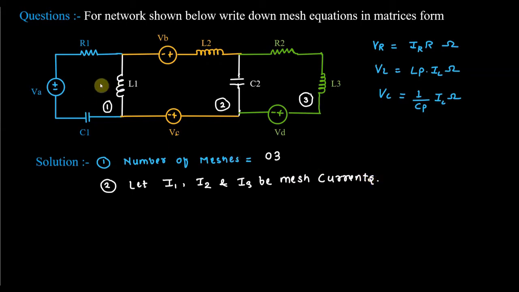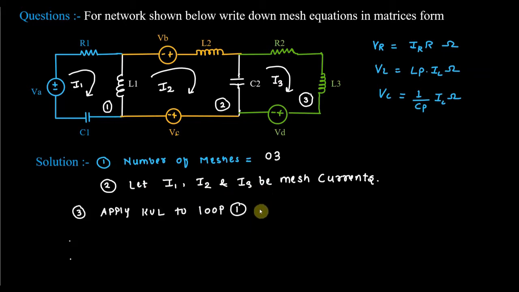I will use the clockwise direction as I already told you. So this current is I1, similarly this current is I2, and this current is I3. So I have considered the three meshes, and for these three meshes I have written the mesh currents I1, I2 and I3.